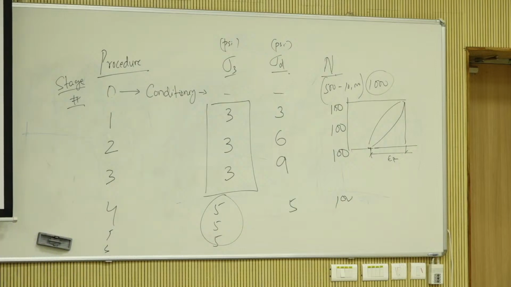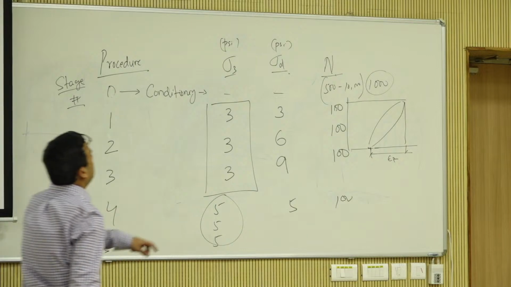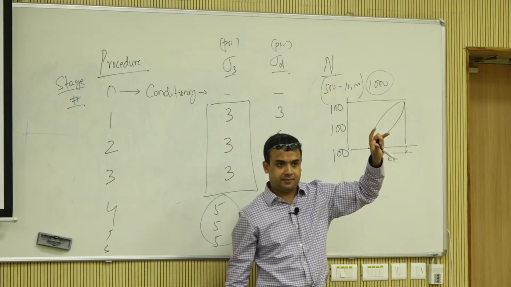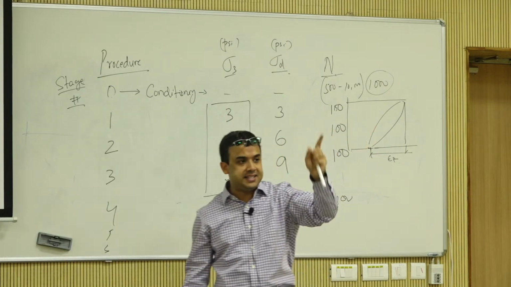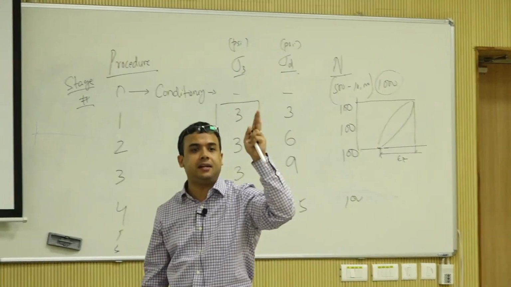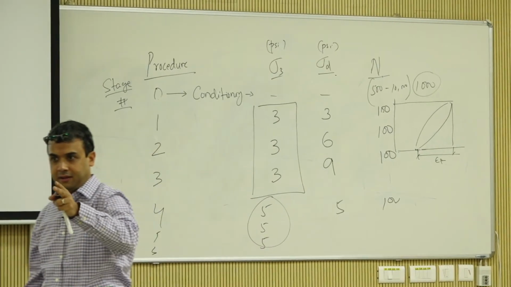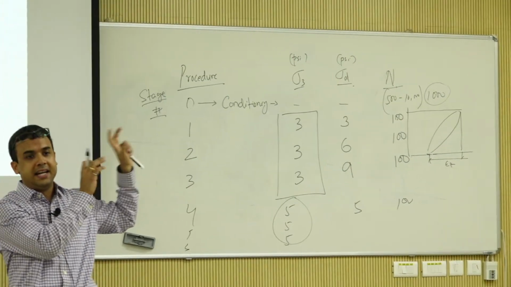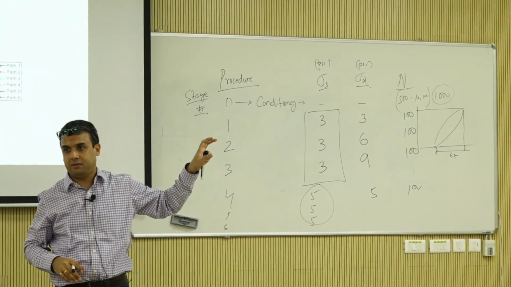But the test procedure says that out of the 100, you take the last 5: 96, 97, 98, 99, 100. That 5 you take the average, that is what your resilient modulus reported is.